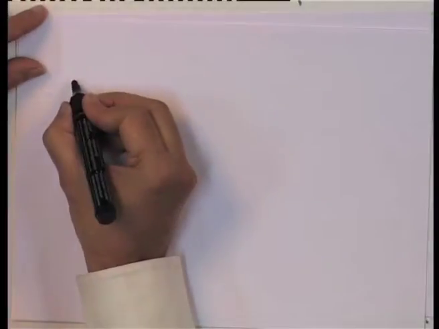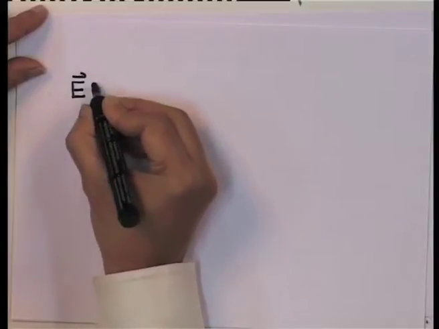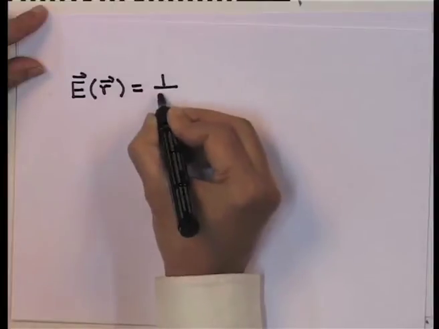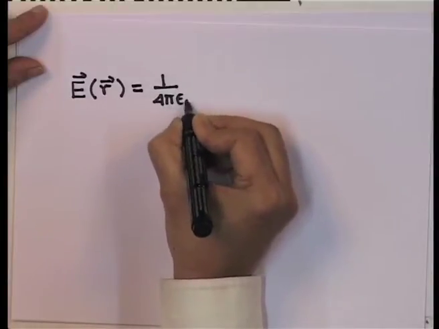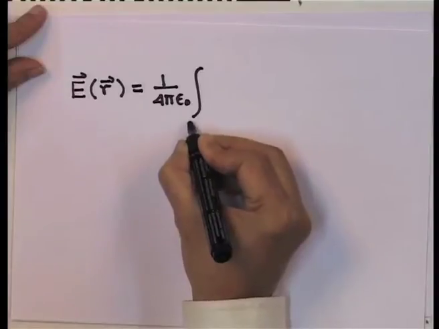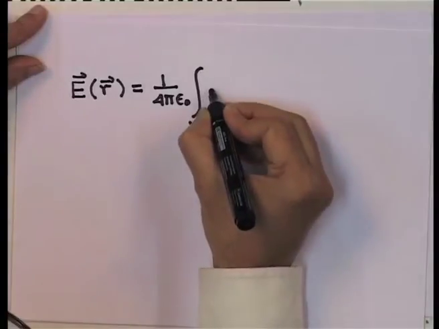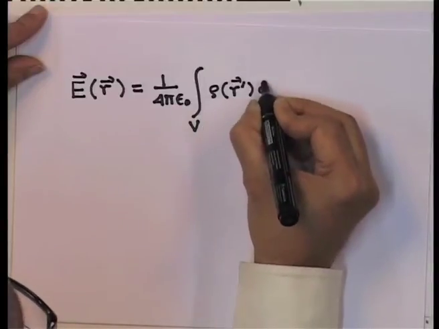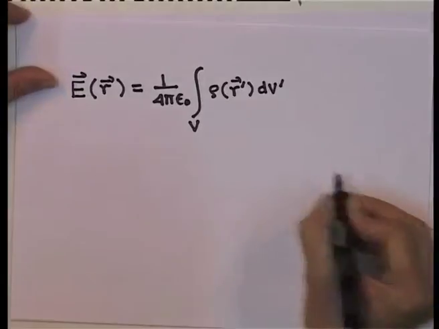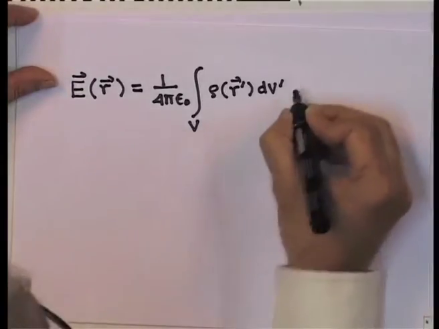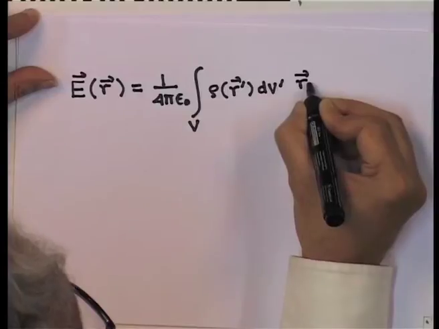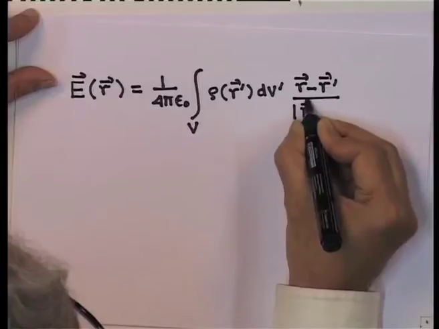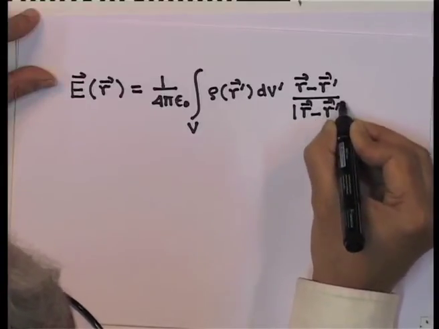The electric field at the point r is given by 1 over 4 pi epsilon 0 integral over the volume rho of r prime, that is the volume density, dV prime, which is the element of charge in that element of volume, times vector r minus r prime divided by modulus of r minus r prime cubed.